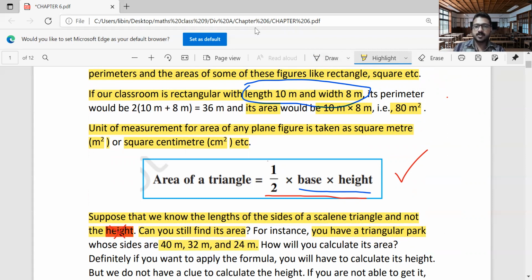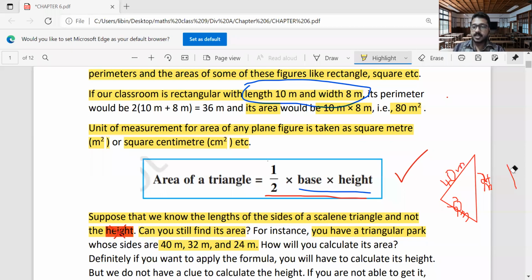If I draw the triangle, we have a triangular park with measurements 40 meter, 32 meter, and the last side 24 meter.